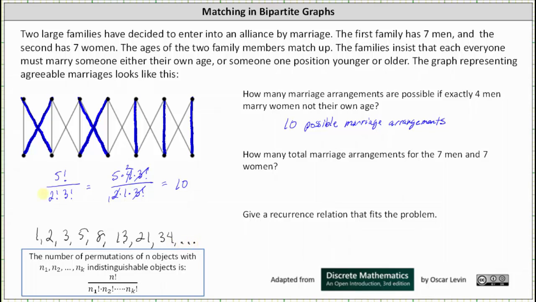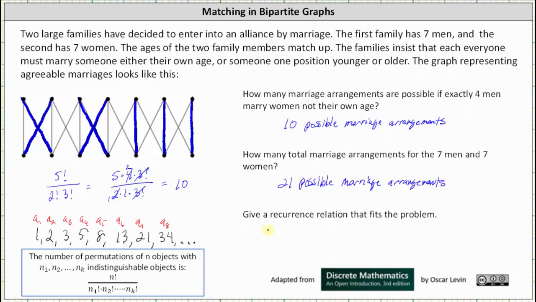But remember, 1 was the number of arrangements for family size 1. We'll call the first term a sub 1, then we have a sub 2, a sub 3, a sub 4, a sub 5, and so on. Remember, we're looking for the number of arrangements when there are 7 men and 7 women, which would be a sub 7, which is 21. There are 21 possible marriage arrangements.